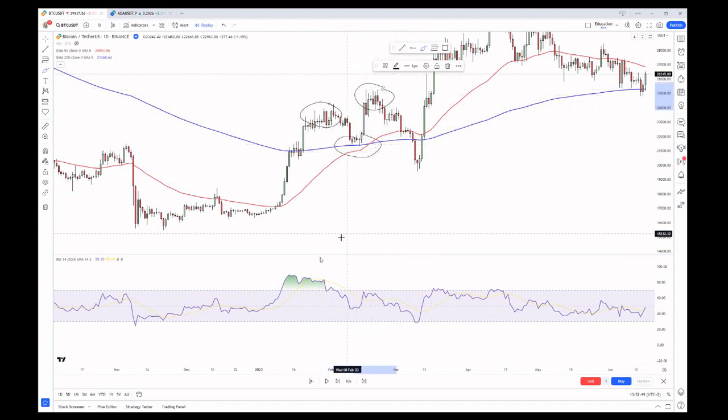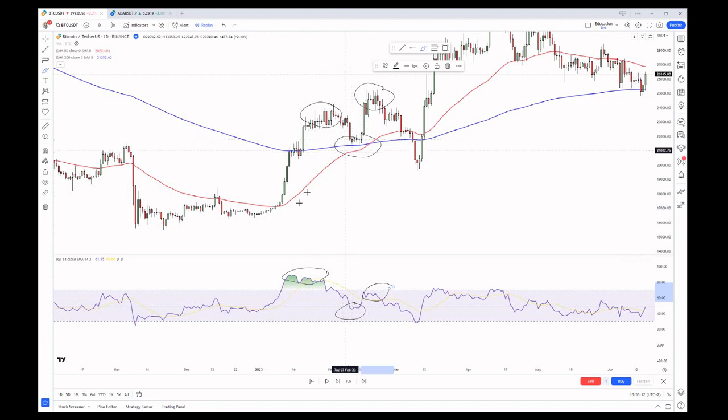So high, low, high, and we have here a high, low, high. But there's a difference between these two. As you can see, the high here is above 70, so could say it's overbought, which could indicate a down move. Well, it did in this case.